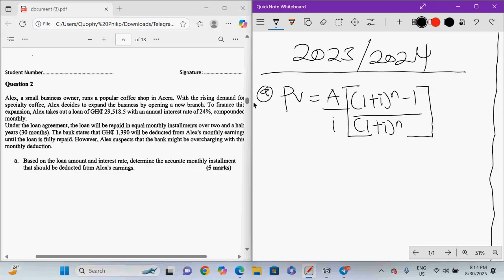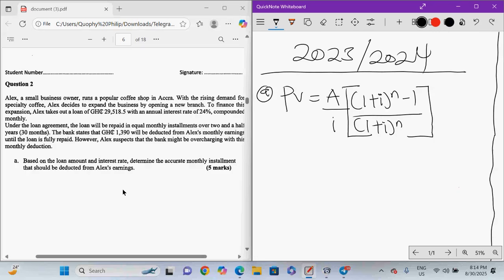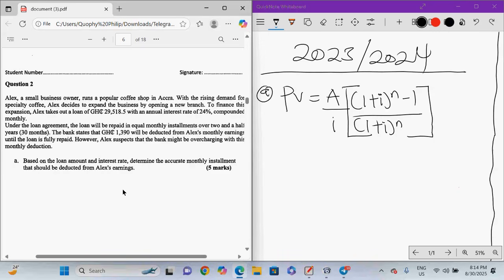The next question is to ask ourselves whether it's at the beginning or at the end. Was it stated whether it was at the beginning or at the end? It wasn't stated, right? So we assume that it is at the end once it was not stated.